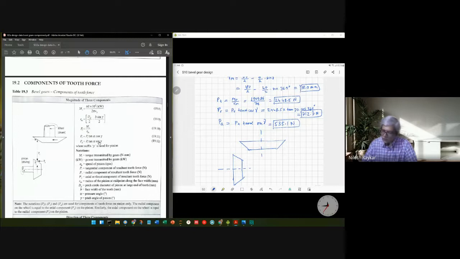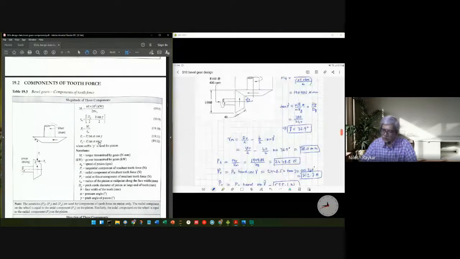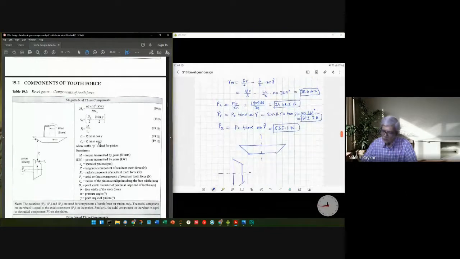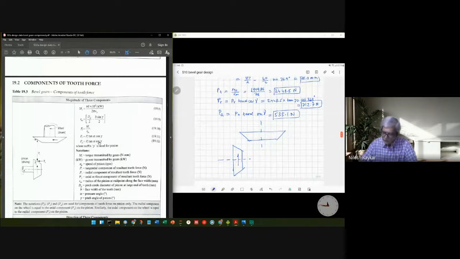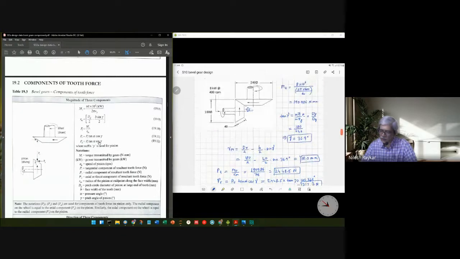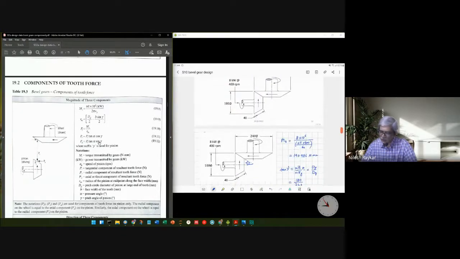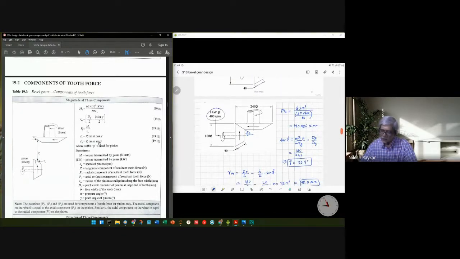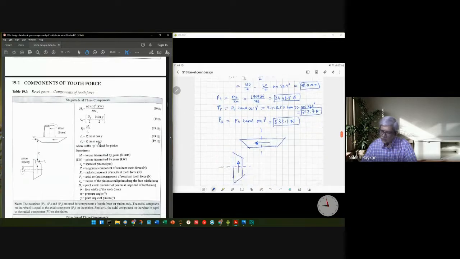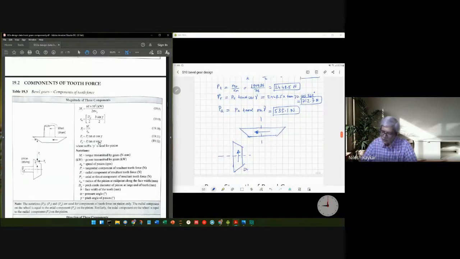Let's put the forces. First we'll put the Pt force. The pinion is moving in this direction and the other one is moving in the other direction. Let's see which is driving and which is driven. The pinion is getting the power, so that is the driving gear.